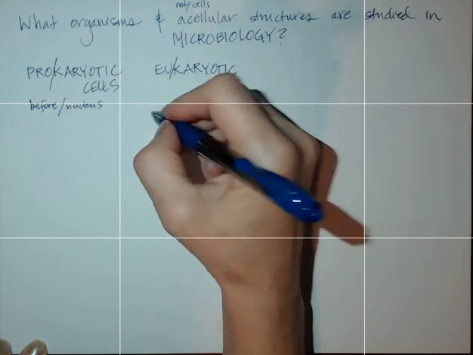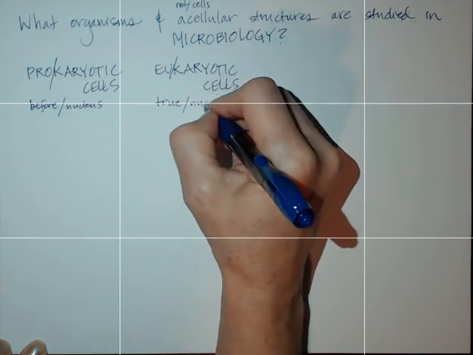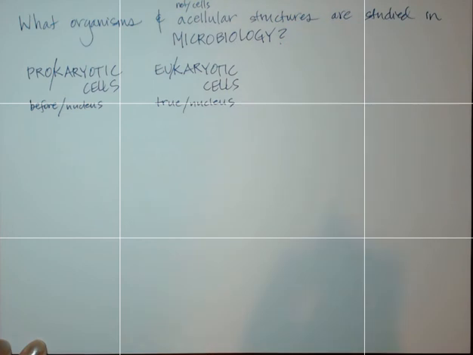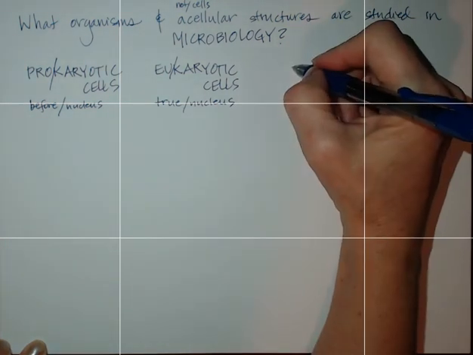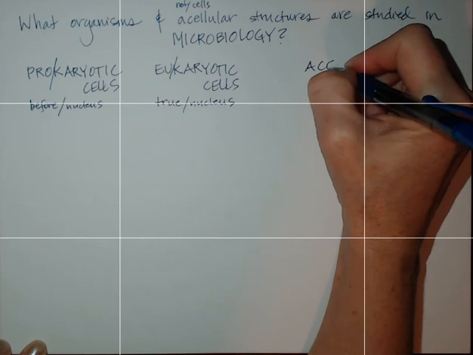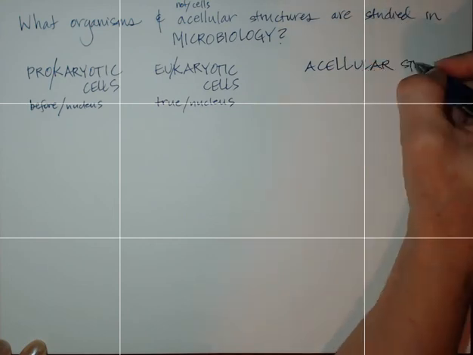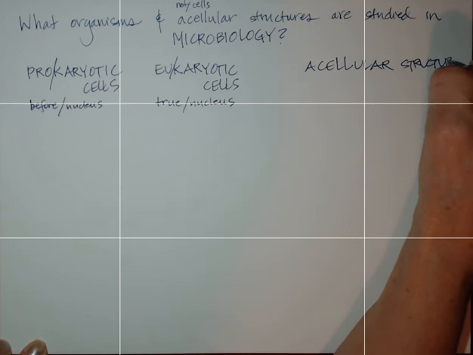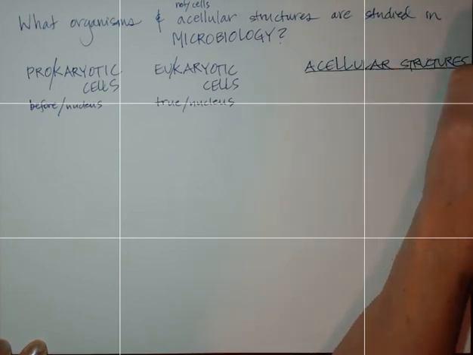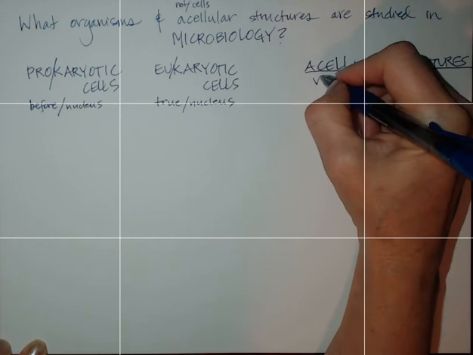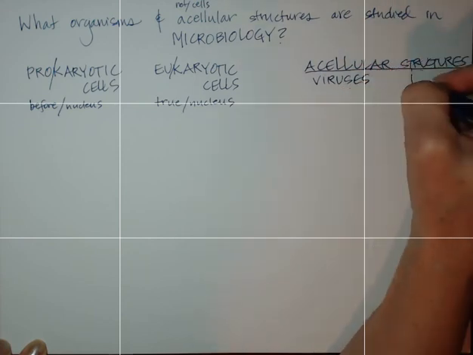And eukaryotes are named because they have a true nucleus, or with a nucleus. And that's different than some of the acellular structures. And specifically, these are going to include viruses and prions.